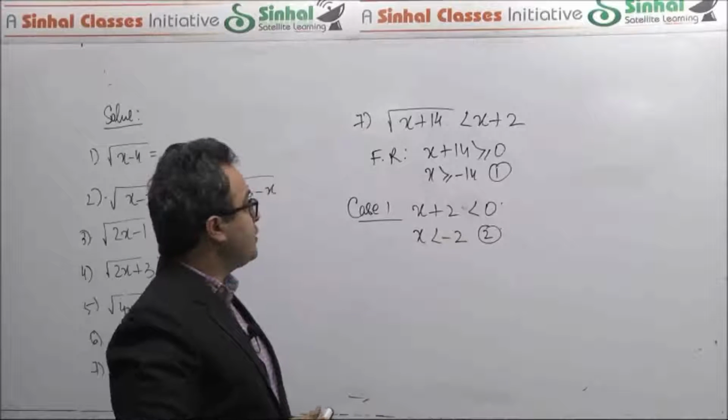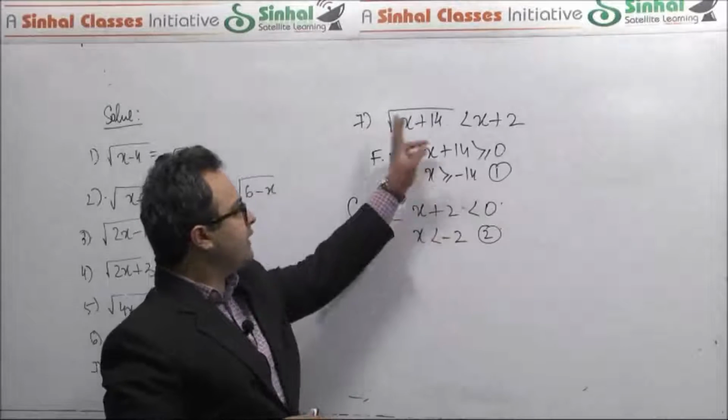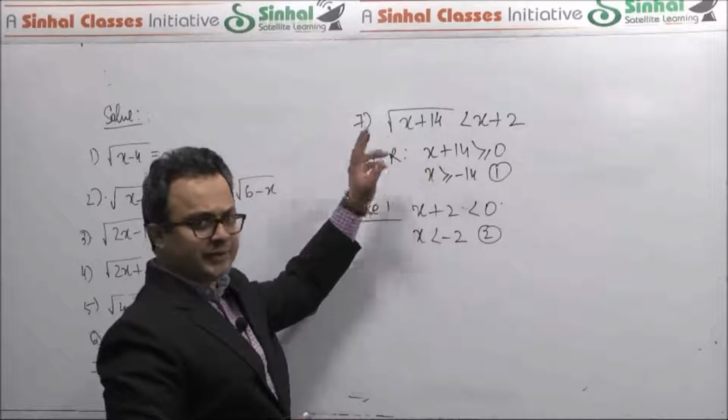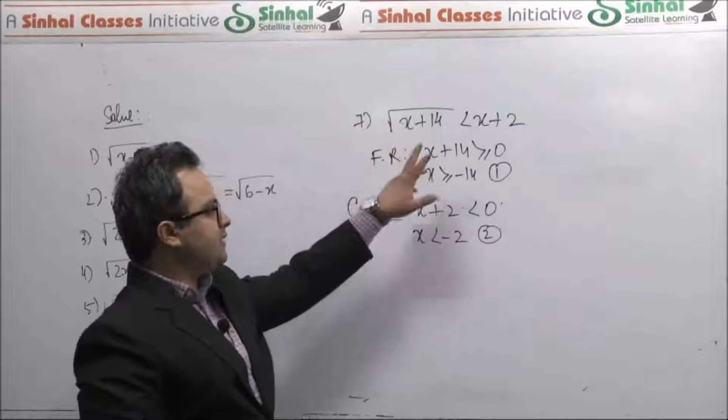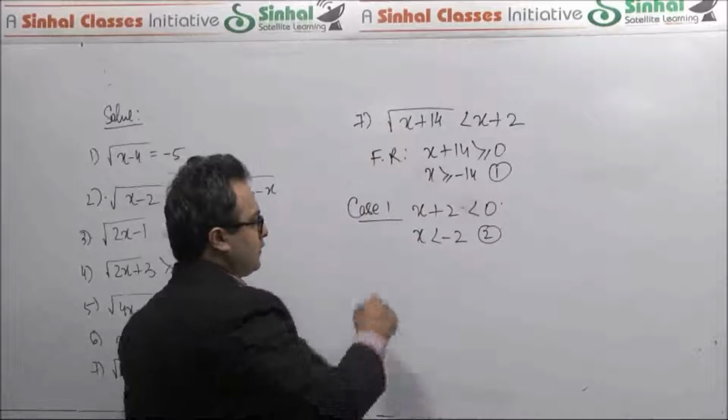So again, if x plus 2 is negative, which means that if x takes values which are less than minus 2, then the LHS is by definition something which is greater than or equal to 0. And the RHS becomes negative, so obviously the inequality cannot be satisfied. So no solution.